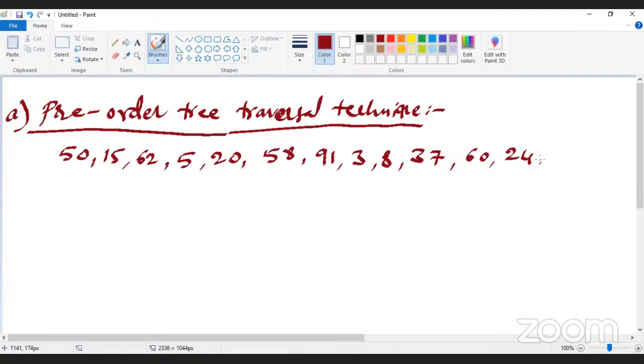Consider these elements. With these elements, you have to construct the BST.